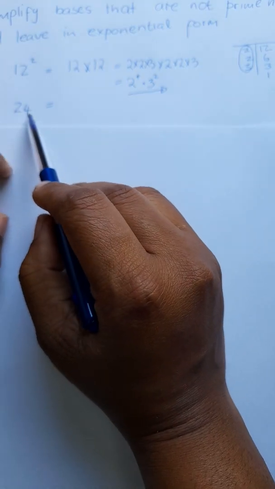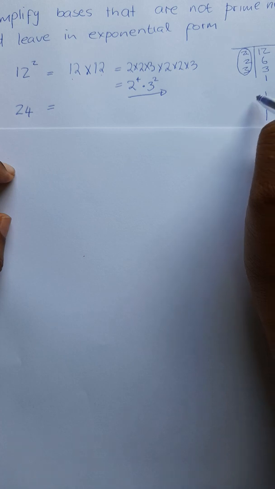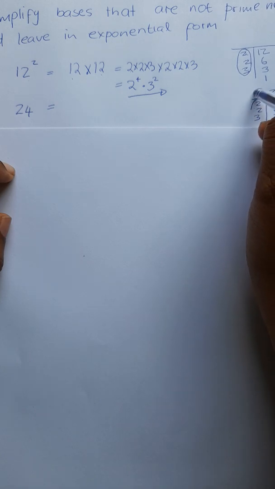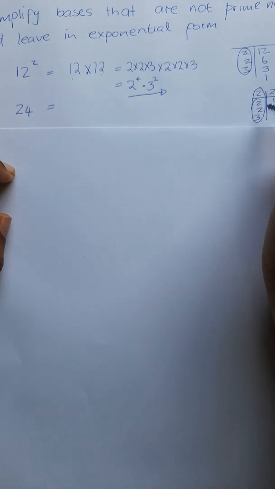Now let's look at 24. 24 is just to the power 1. So we use the ladder again to break down 24 into 12, 6, 3, 3, 1. This is 24, the product of its prime factors.